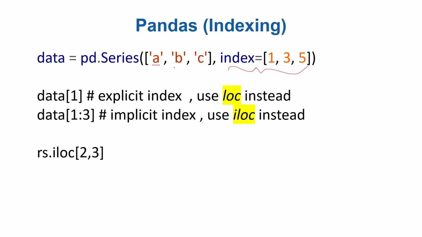It has these values A, B, C with index 1, 3, and 5. If we, for example, access a particular element, let's say data with index 1, that means the explicit index for sure. But if, for example, we slice the values, for example, 1:3, the default behavior of slicing, if you give the numeric indices, is to use implicit indices.